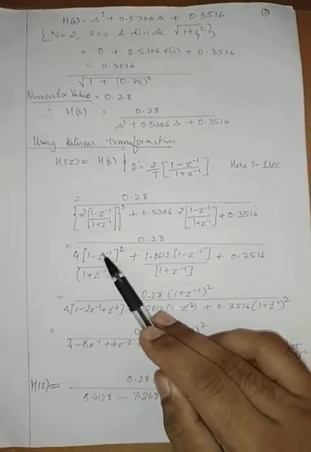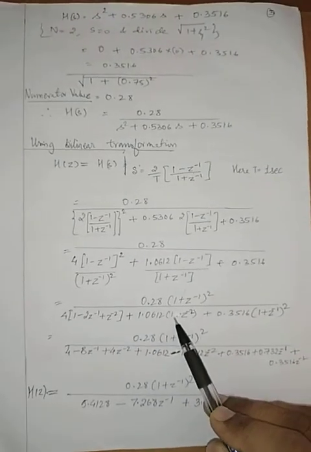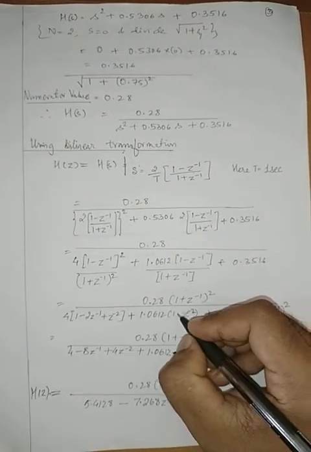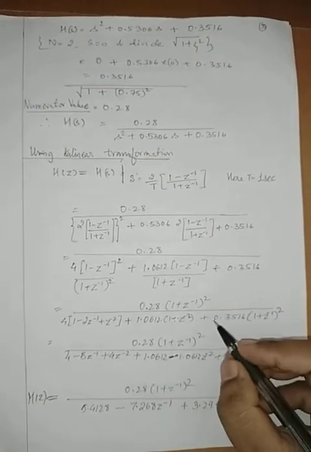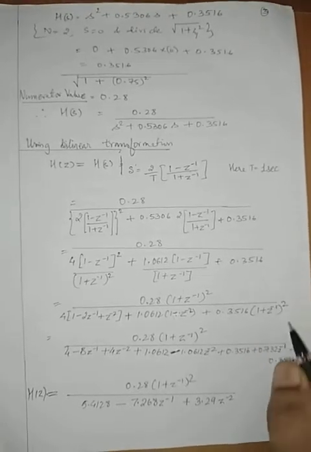Here there is an expansion of (a - b) the whole squared. Here we'll get (a - b)(a + b), which will be 1 minus z^-2, plus 0.3516 into (1 + z^-1) the whole squared.